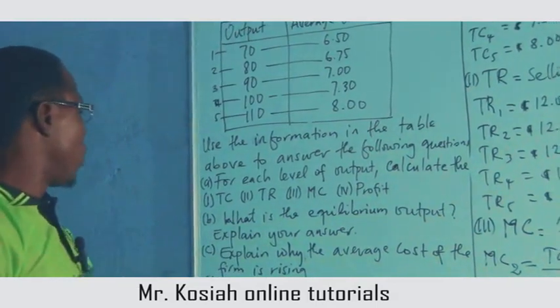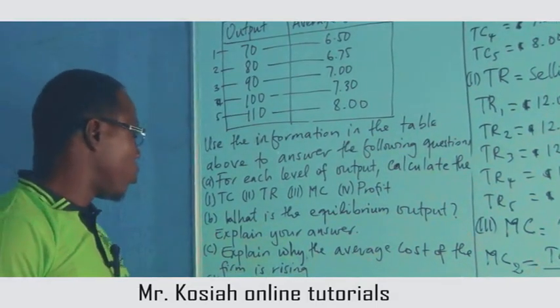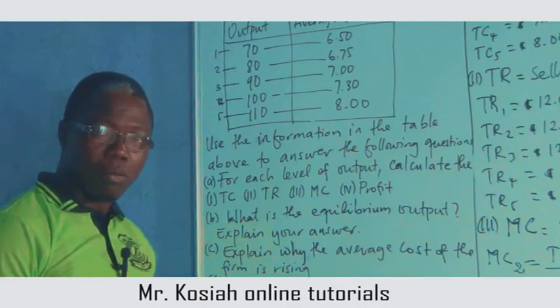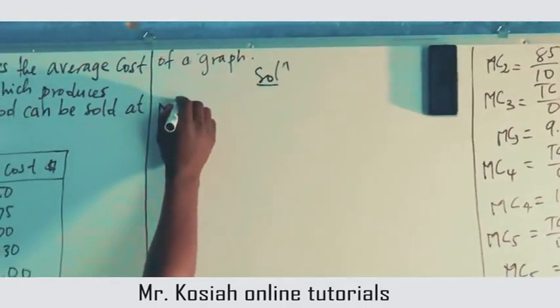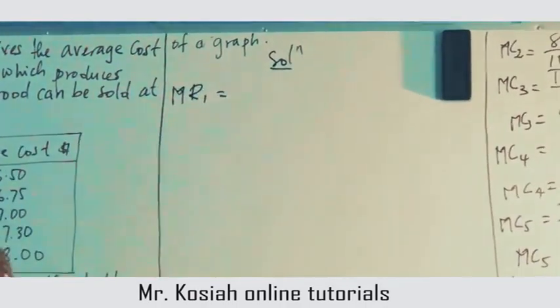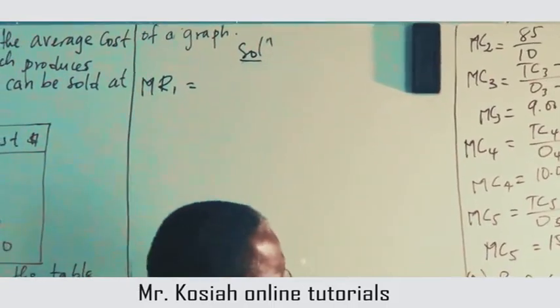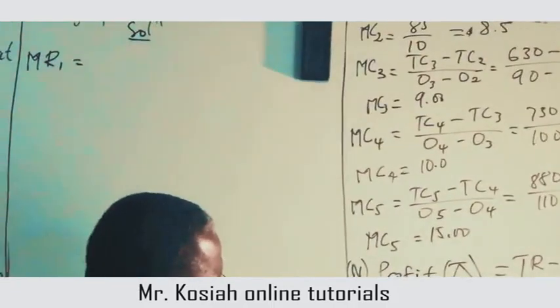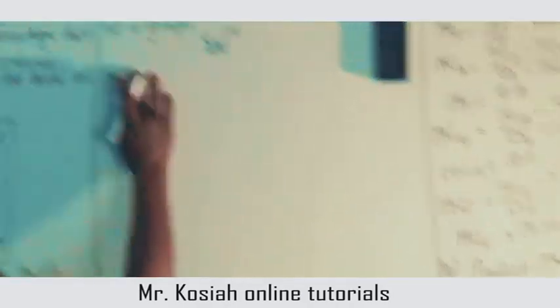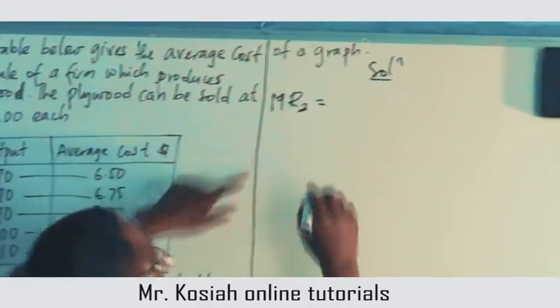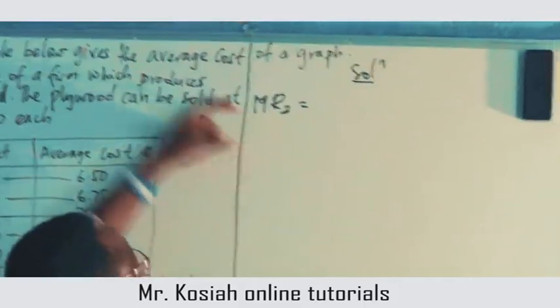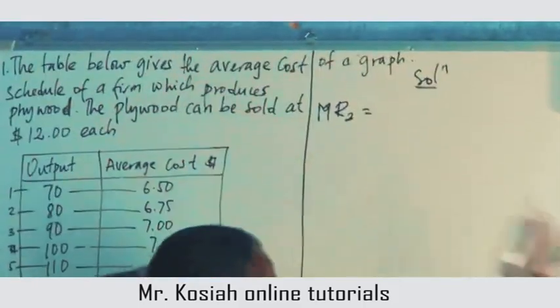Our next question will be, what is the equilibrium output? Explain your answer. Marginal revenue 1 is, of course, we have all of the various costs here. This is the total revenue initially that we have. So now, if we have marginal revenue 2, because we cannot just go back to 1, what we have for the marginal revenue will reflect to the other one.